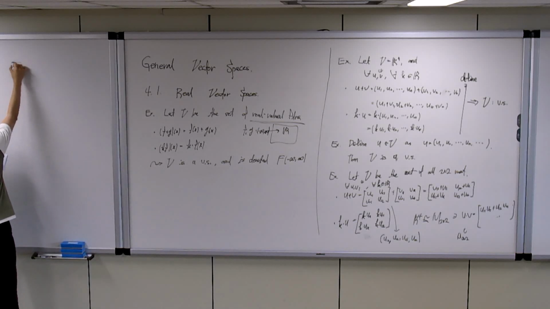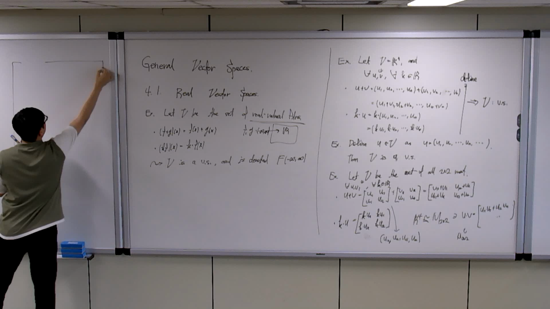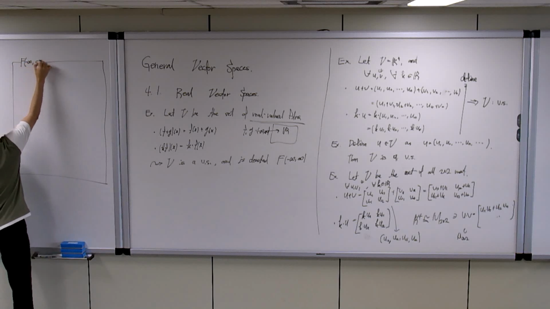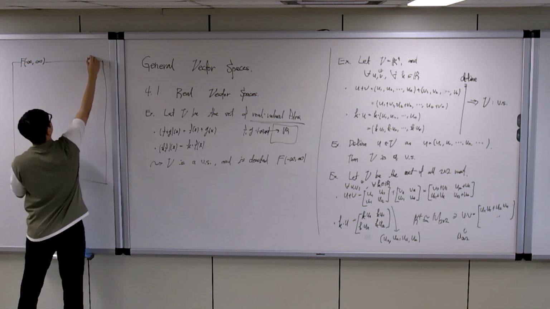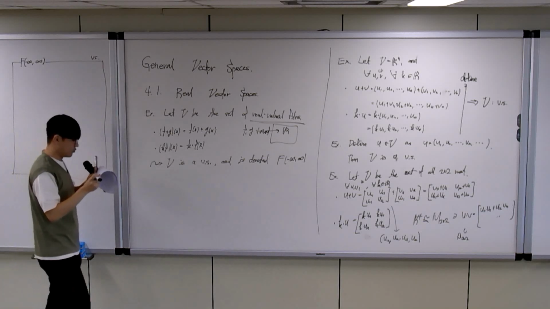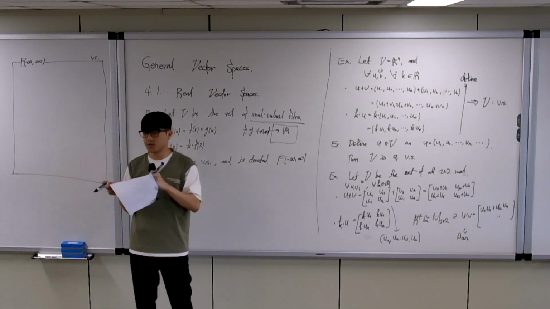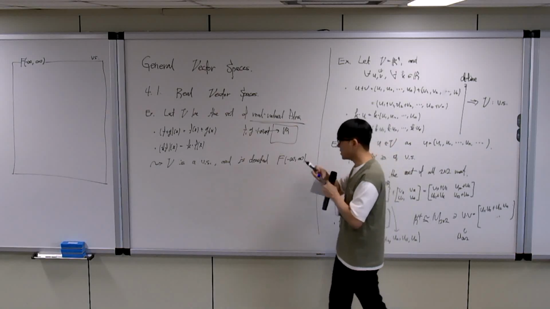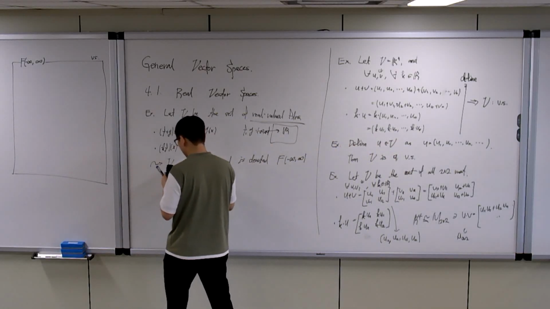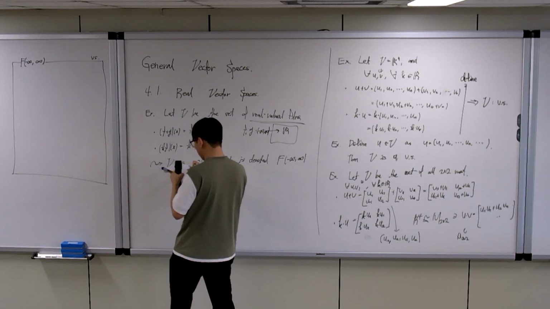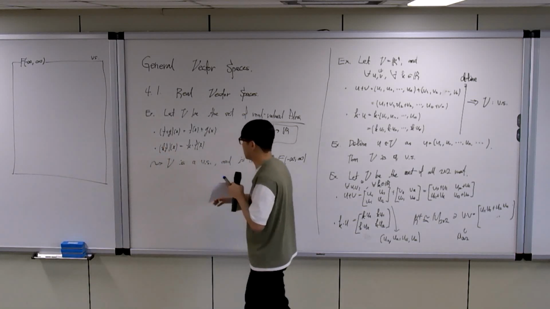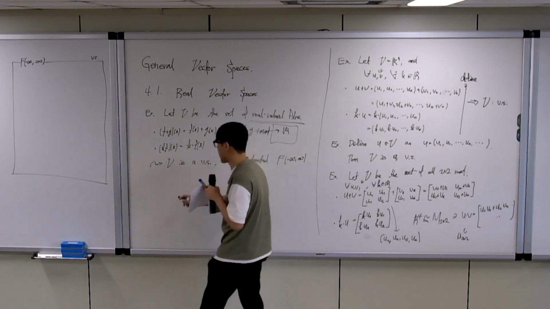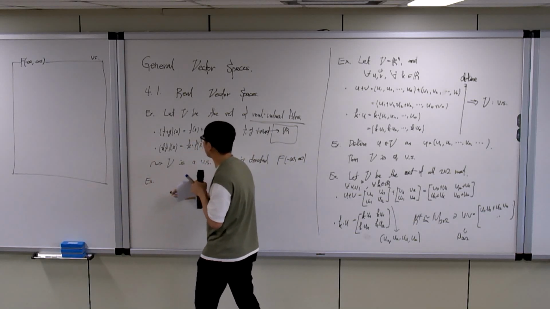So we might think the function space F of minus infinity to infinity is a vector space, and we might also know other function spaces like continuous functions or differentiable functions. I will give one more example.